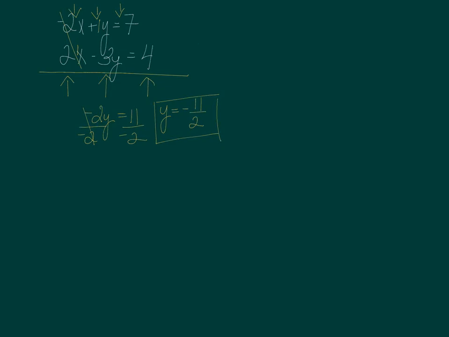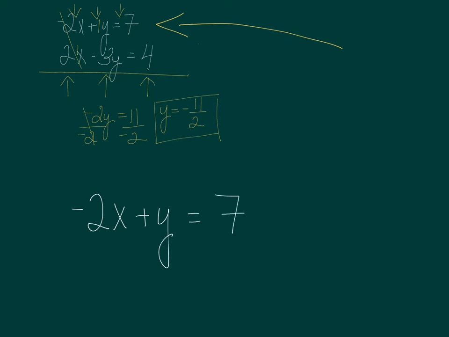If my value of y is negative 11 halves, let me plug it into this original equation. I'll switch back to white, and I would write negative 2x plus y, I'll just write y for right now, is equal to 7.